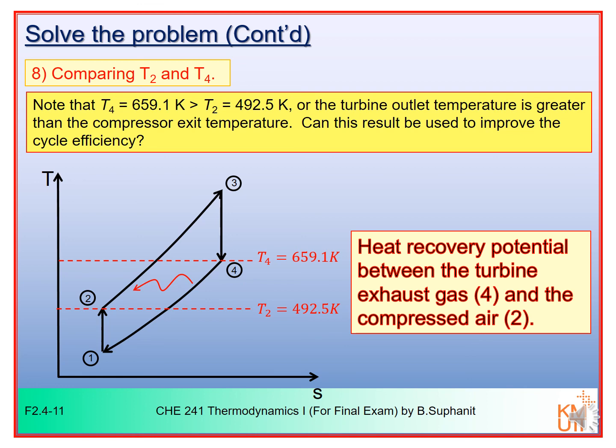This recovered heat can help reduce the fuel consumption in the combustion chamber. Q in will be reduced, thereby increasing the thermal efficiency of the cycle. We'll take a look into the detail of this heat recovery scheme in the upcoming videos in this series.